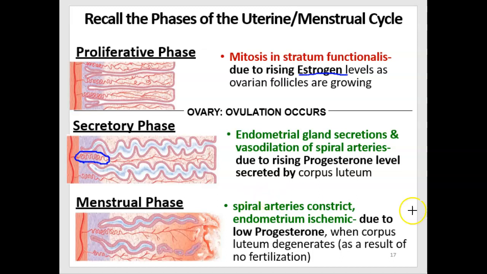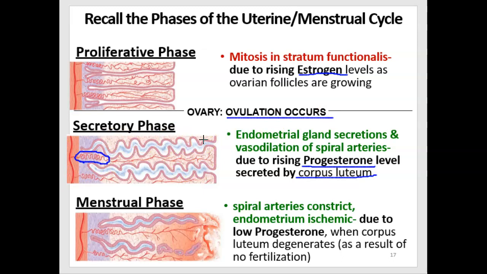They dilate because progesterone is secreted by the corpus luteum, which forms after ovulation has happened. So ovulation occurs, and the follicle doesn't exactly die. It gets transformed into the corpus luteum, which makes progesterone, causing the secretory phase in the uterus.